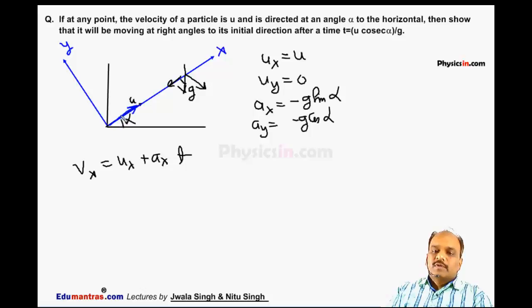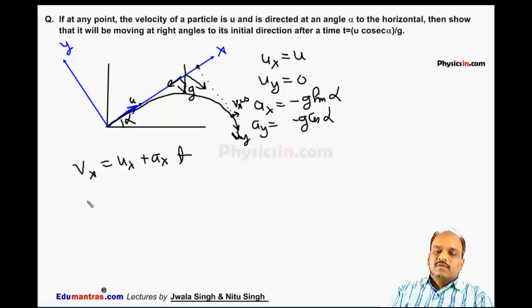Initially the particle is moving along the x-axis. After some time, if its velocity becomes perpendicular to the initial direction, the particle is moving along the y-axis, somewhat like this. When the velocity of the particle along the x-axis is 0, it is moving only along the y-axis. So at this instant, the velocity of the particle is perpendicular to the initial velocity.